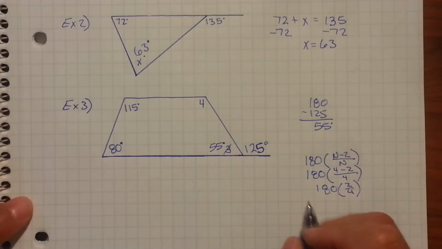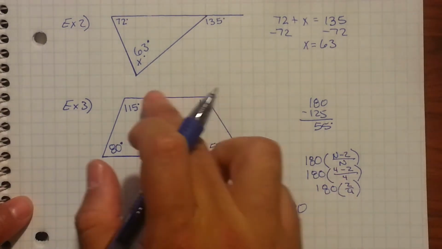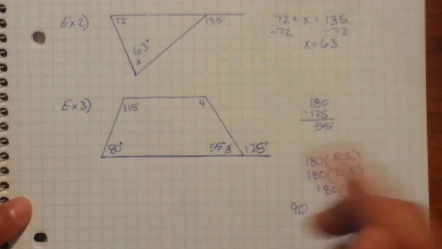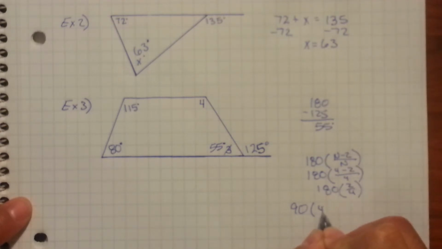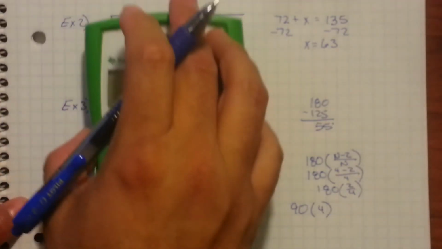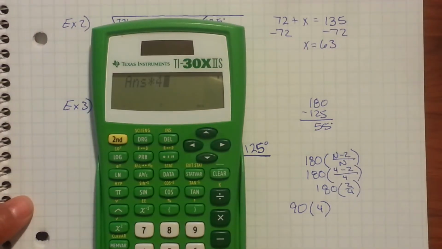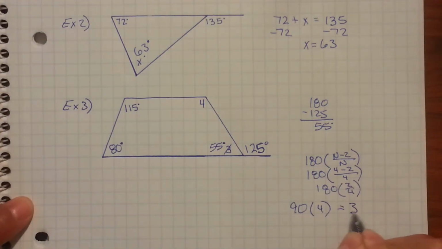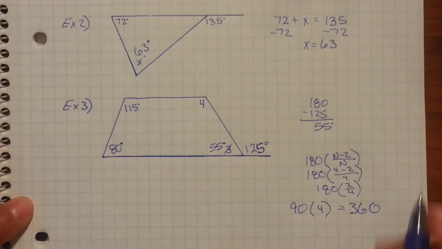So each would be 90, but now how many sides do we have? That's going to give me the total, the sum for all the angles together. So multiply that times 4. The whole thing has to come up to be 360 degrees.